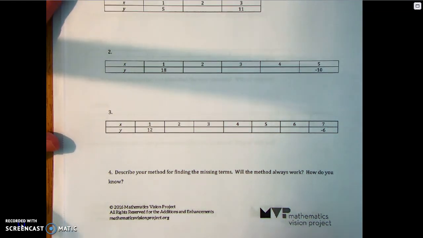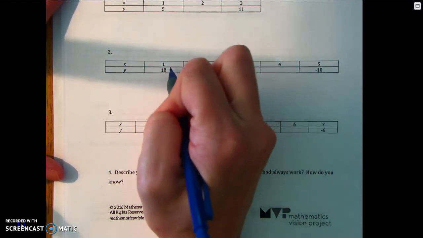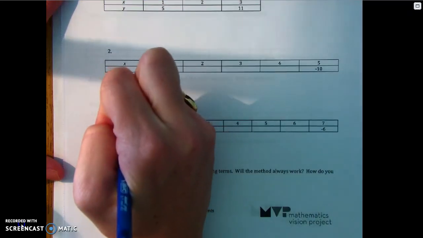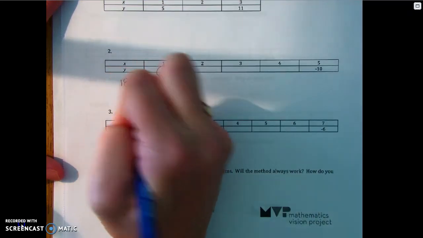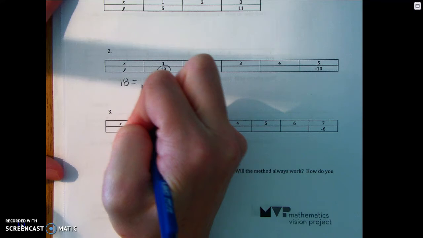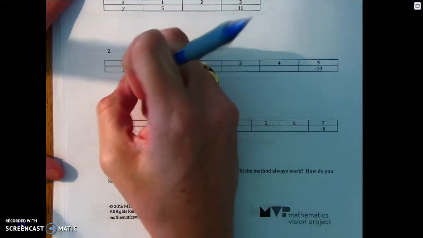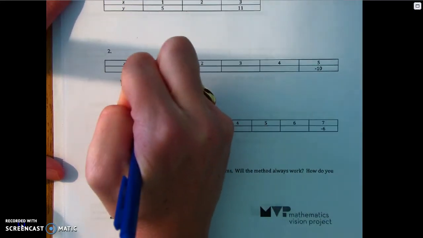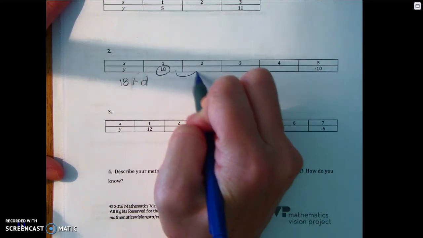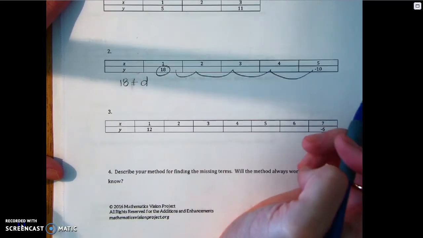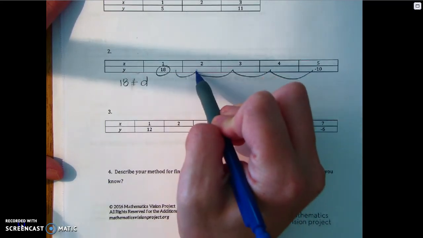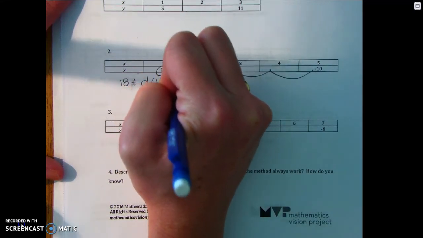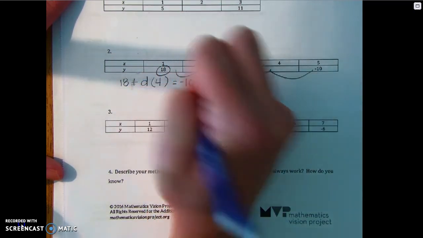So I'm going to start by thinking about what I know. In this case, I know that my start is 18. I'm going to write the explicit first. So 18 plus some common difference 4 times, because I'm adding the common difference 1, 2, 3, 4 times, is going to give me negative 10.